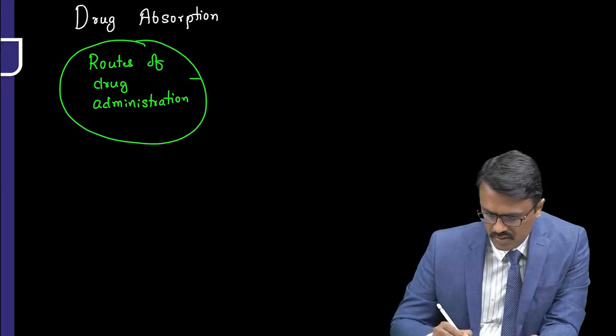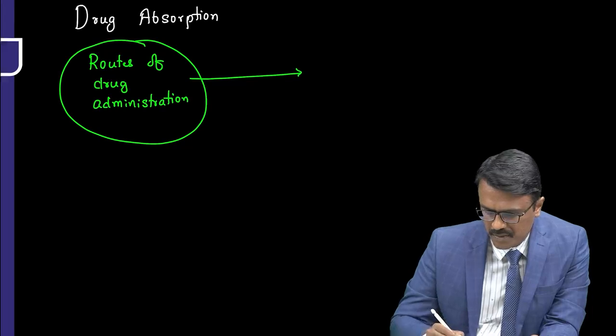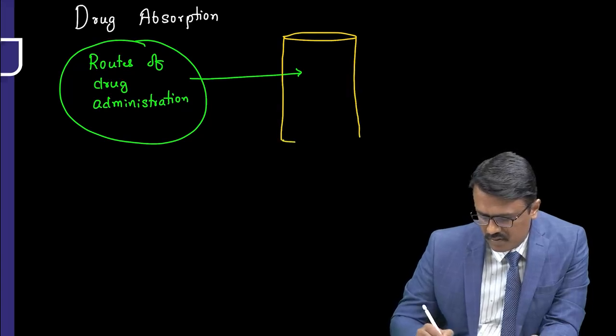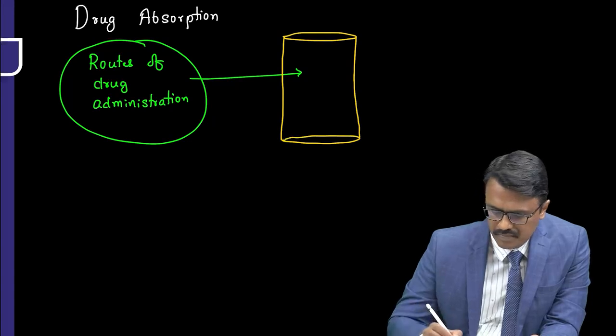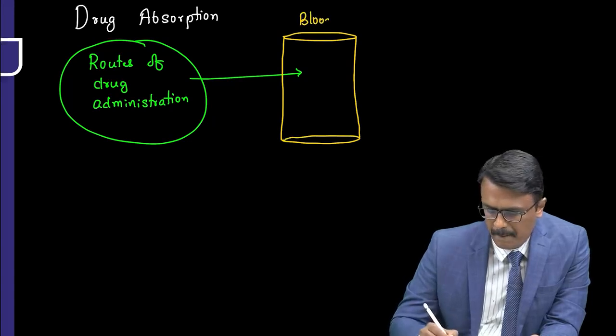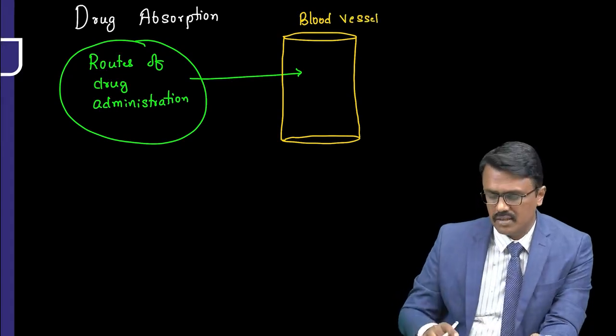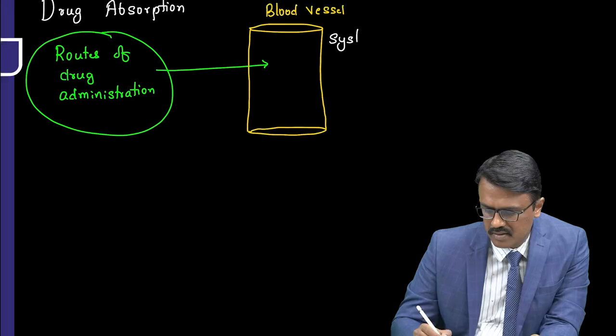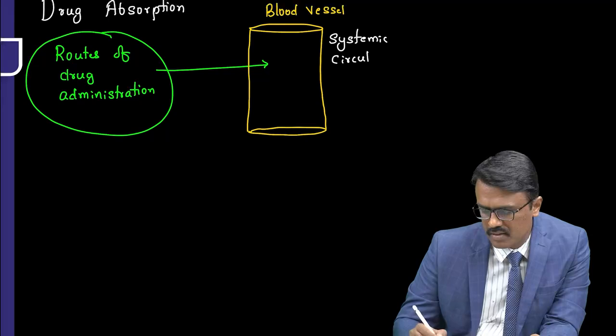From various routes, the drug has to reach the blood vessel. And in simple terms, we call reaching this blood vessel as reaching systemic circulation.